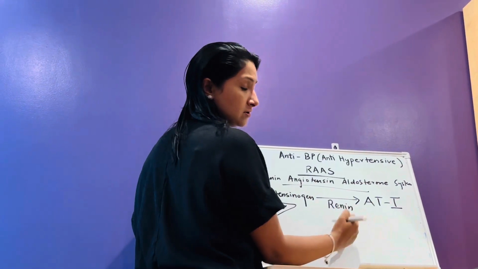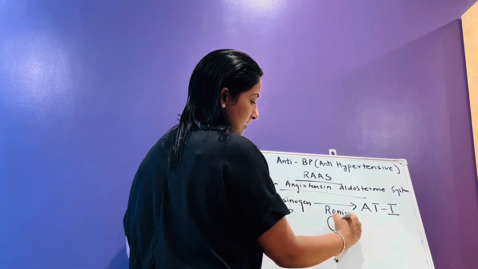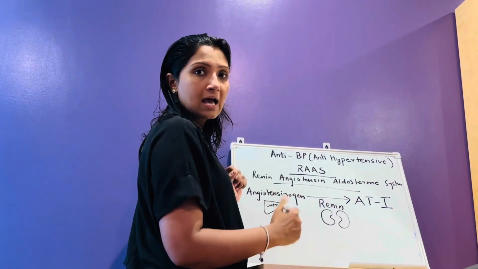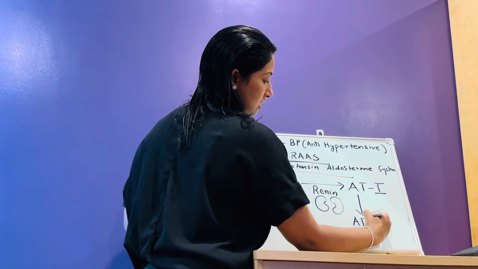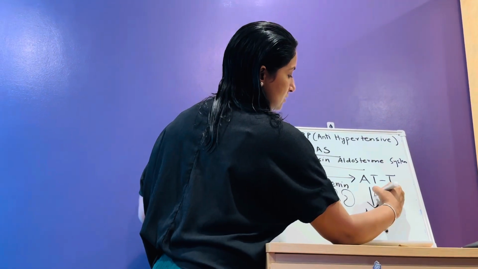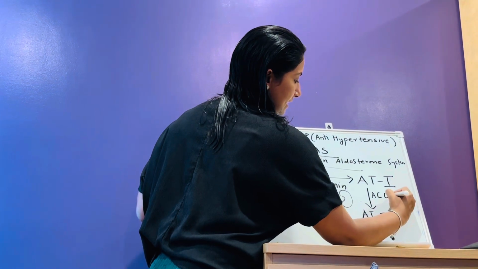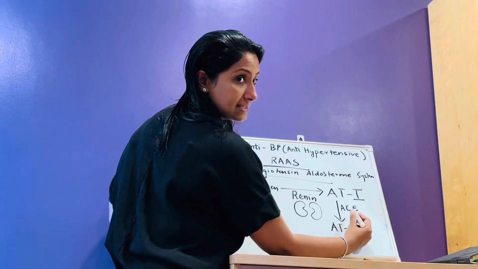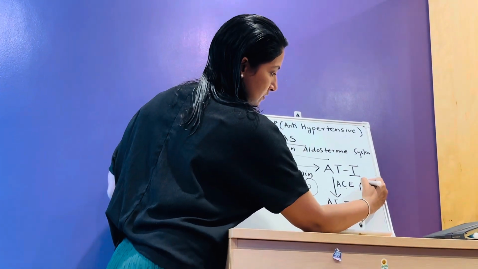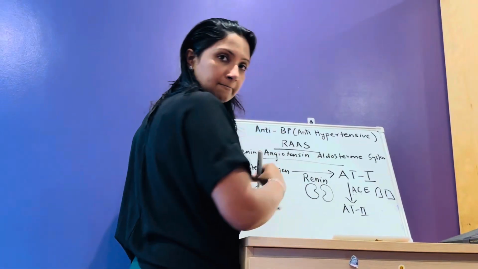And where is renin produced? Renin is produced in the kidneys. Angiotensin 1 is converted to angiotensin 2 by angiotensin converting enzyme, ACE. ACE is produced in the lungs.